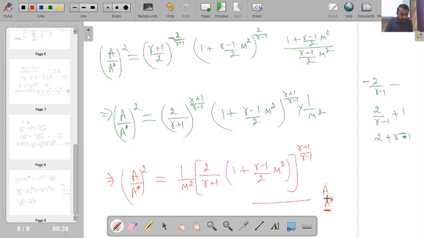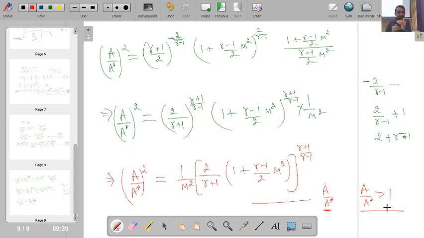So A will always be larger than A star. It means my A by A star ratio will always be greater than 1. This is important to note, because A star occurs at the minimum area point.